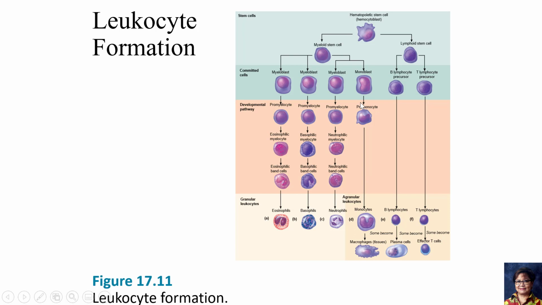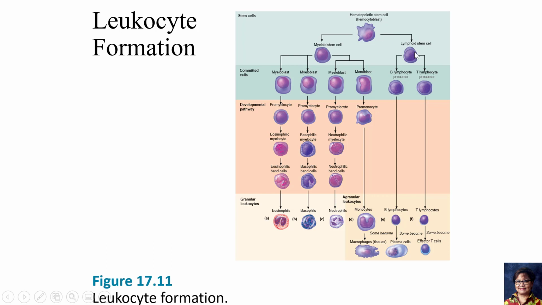It could produce an eosinophilic stimulating factor for it to become an eosinophil, or a neutrophilic colony stimulating factor to become a neutrophil. So here you have two steps of prompting the hemocytoblast to become any one of the four.